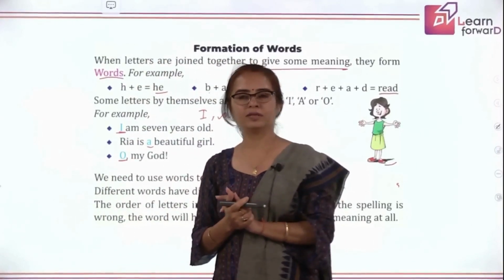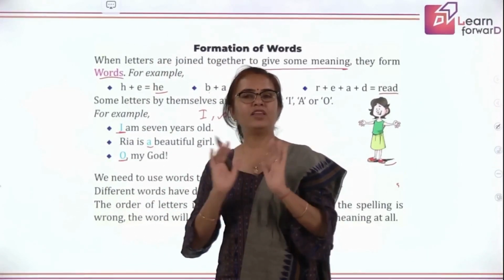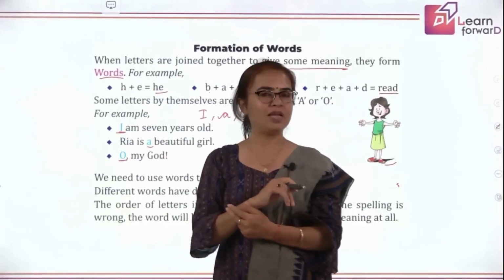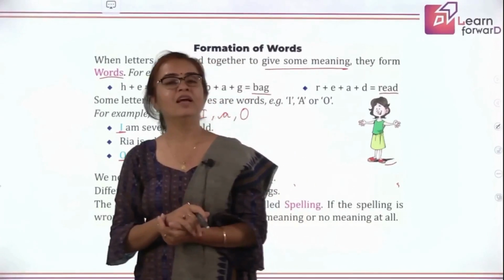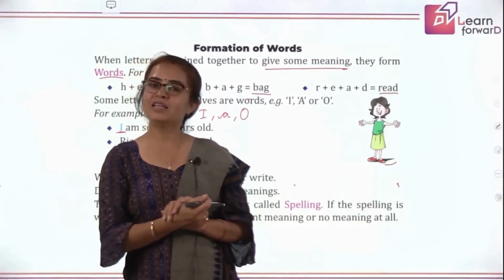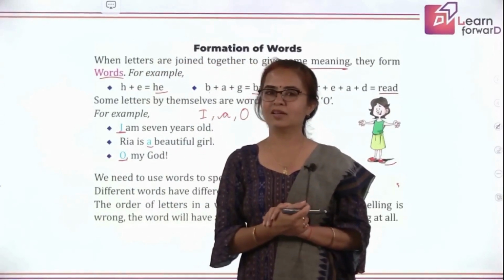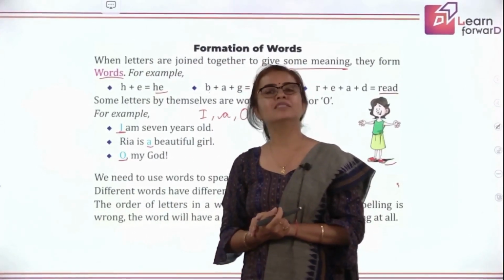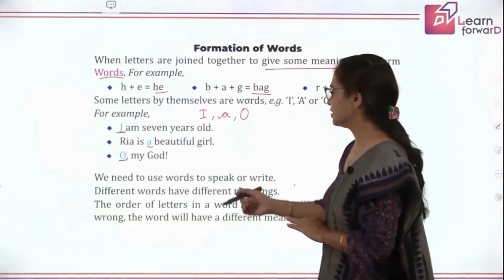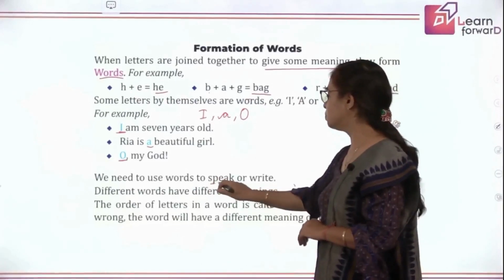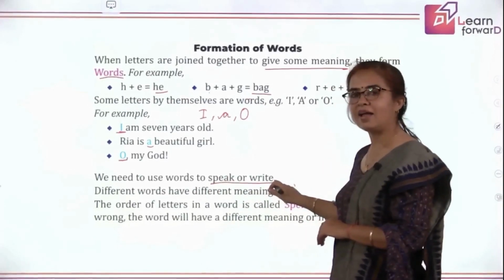Very good. And when you join these words to give a good, perfect meaning, you get sentences. So that is why we need words. With words, we write or speak sentences.